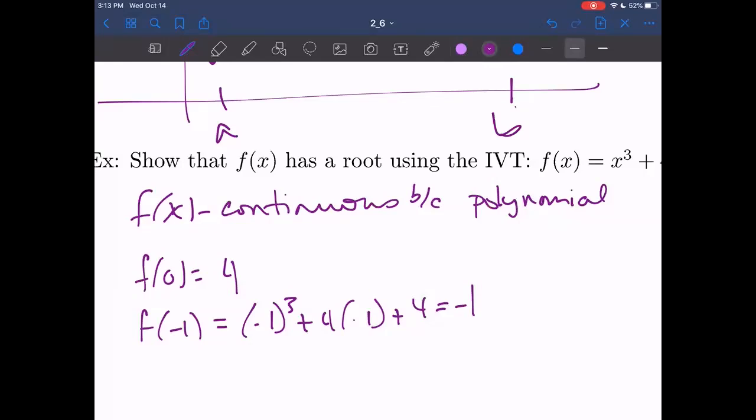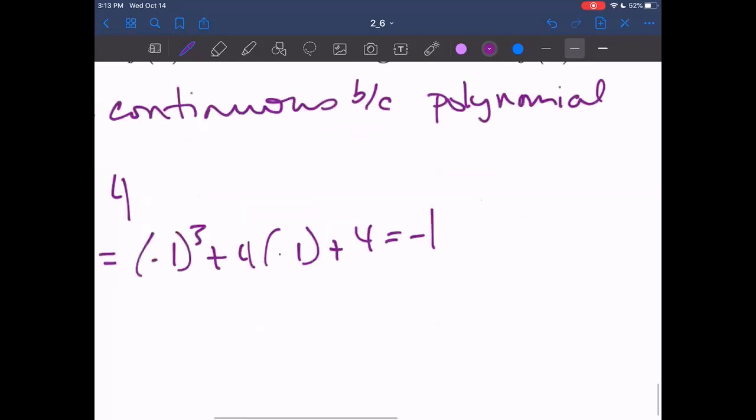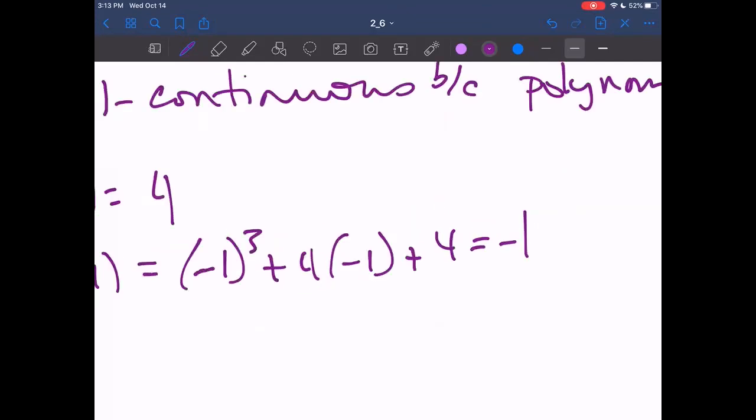We can just pick most of the time they'll give you the interval in these problems. So this one, I'm just saying let's use these two numbers.